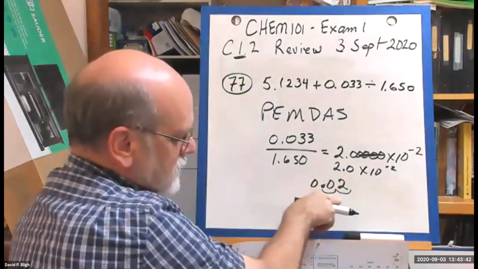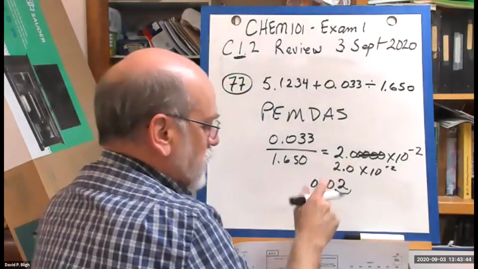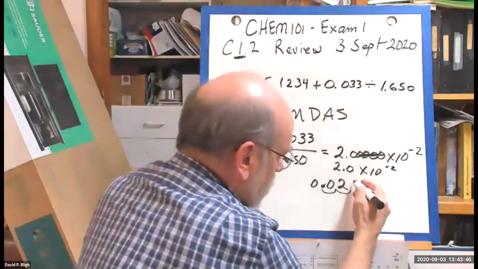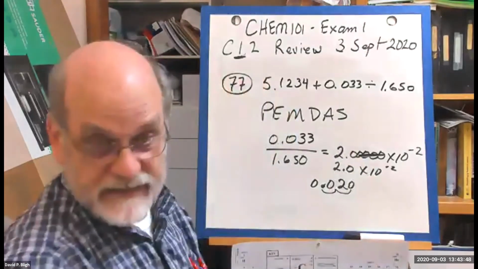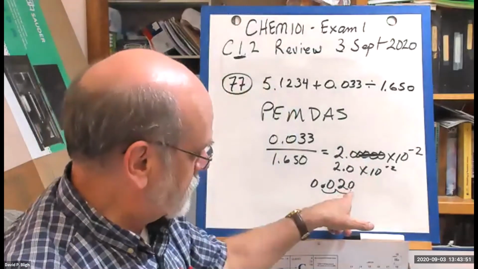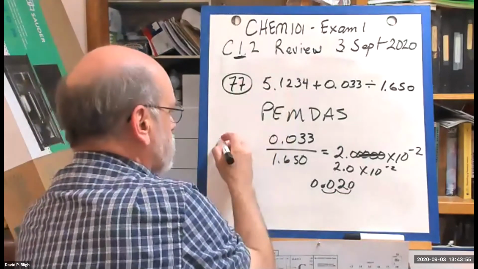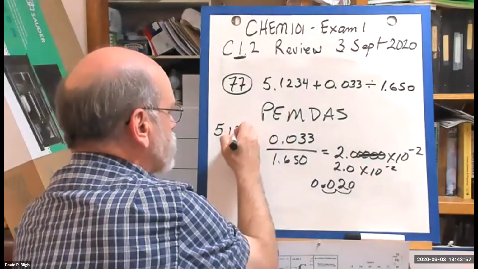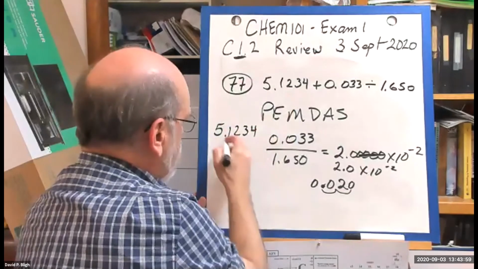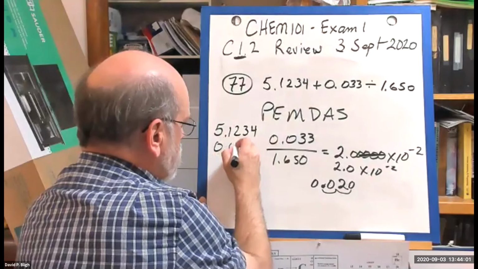That's the standard number for this one. Now notice that we have a 0 out there. We get to keep that one because that's significant. All right, now we do this one: 1, 2, 3, 4, and 0.020.